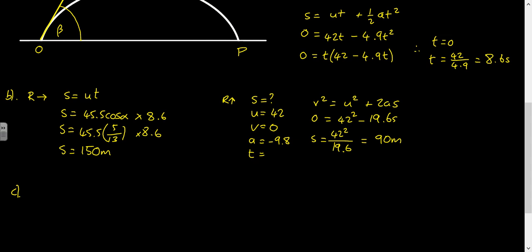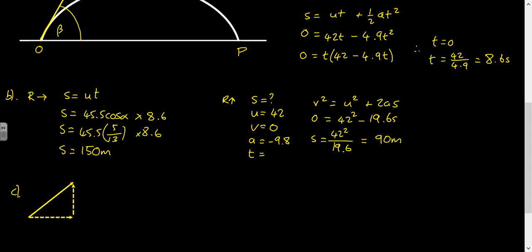Now, when it's 4 seconds after leaving O, chances are it's traveling in a diagonal direction with regard to the ground, which means that the speed it's traveling at will have a horizontal component and a vertical component. And it's those two things that we actually need to work out, right? Because once we have them, we can use Pythagoras' theorem to work backwards.